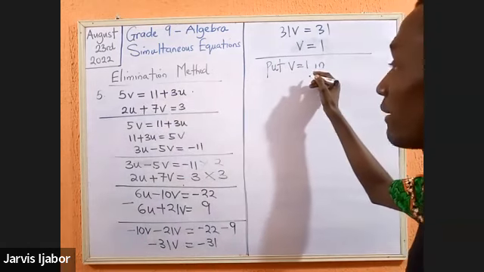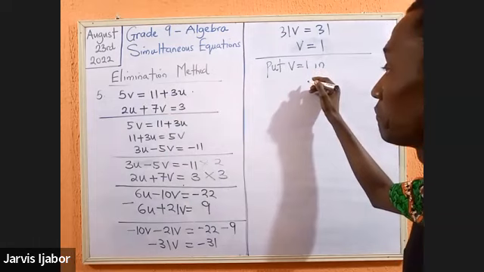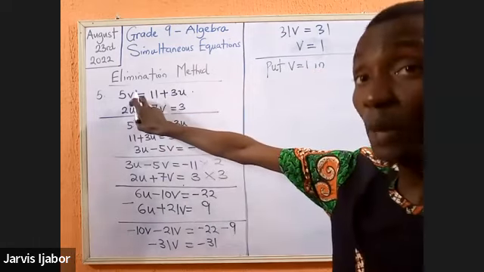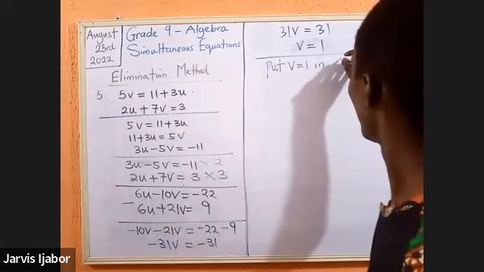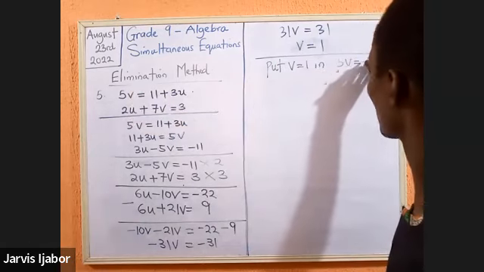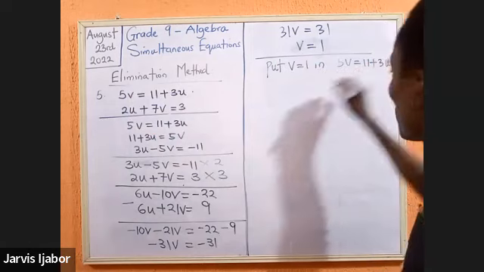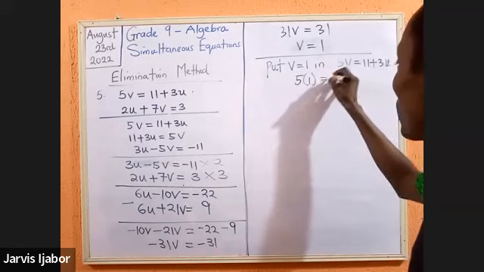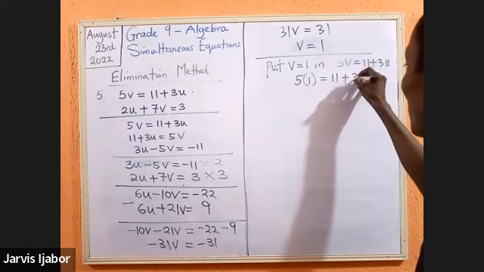I want to use this. May not be the best, but I just want to use this. 5v equal to 11 plus 3u. So this will mean what? 5 times 1 equal to 11 plus what? 3u.